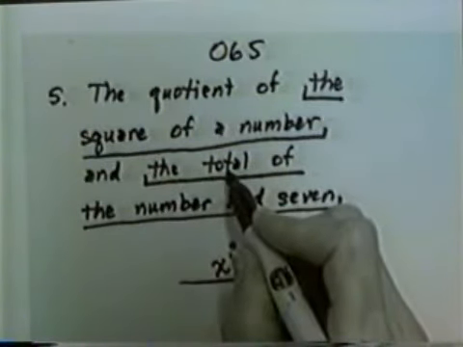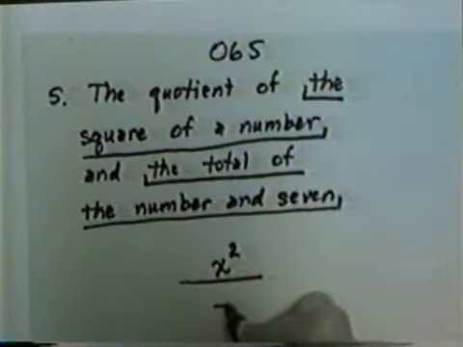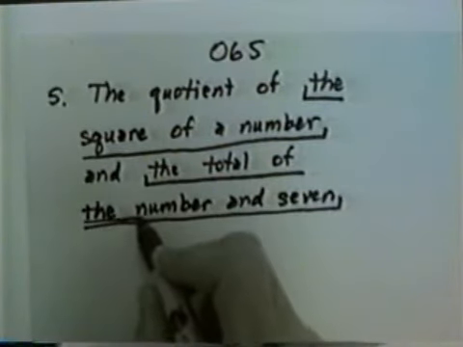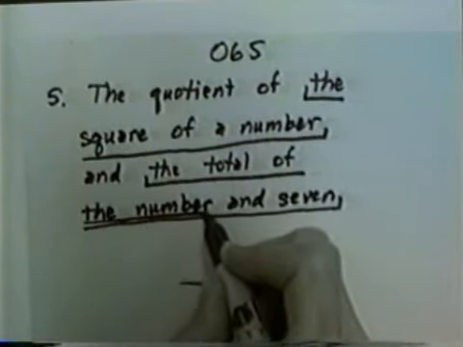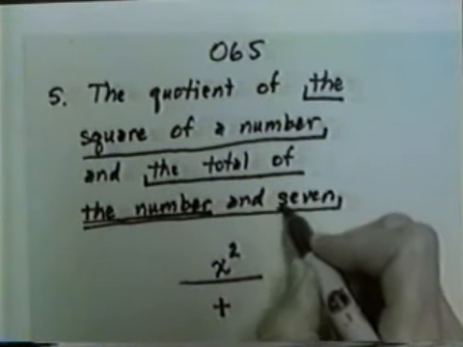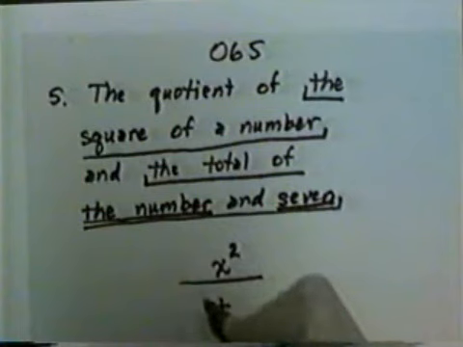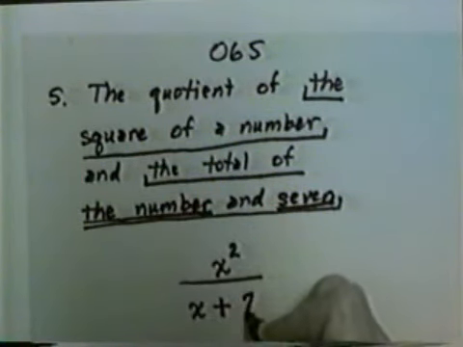Total tells us we are adding. The two things we're adding are the number and 7, separated by the word and. The number, which is x, and 7.